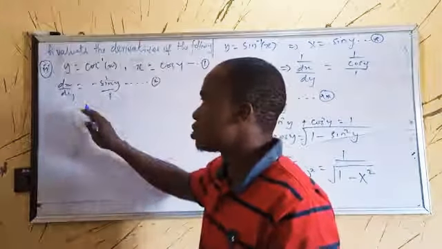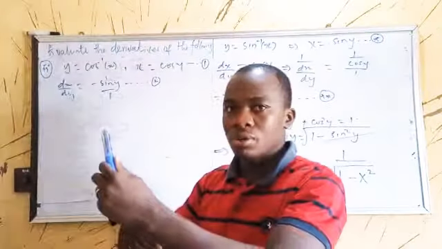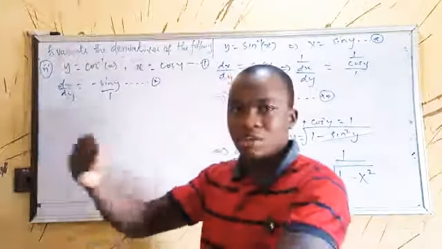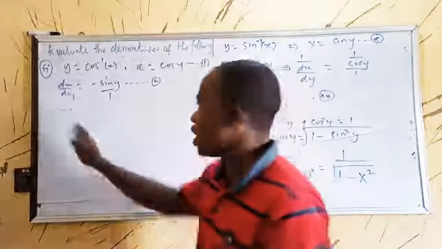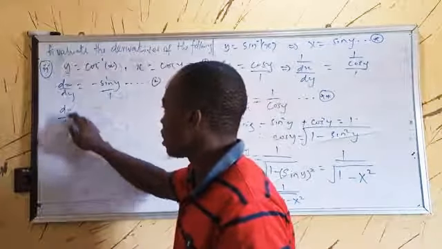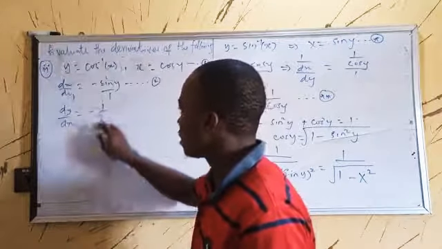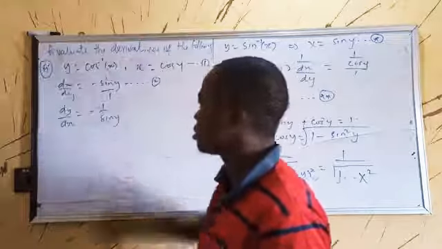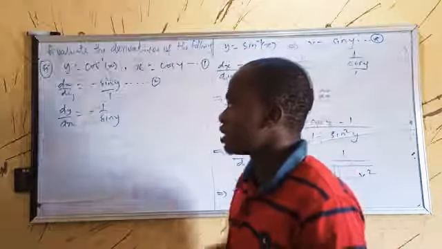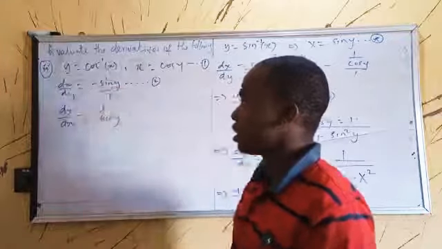Taking the reciprocal of the two sides means I want to interchange the numerator and the denominator. Understand? They will interchange themselves. So we have dy over dx, and the same thing applies to what we have at the right hand side, sine y. Are you getting it now? This comes up and this comes down. Are you getting it now?